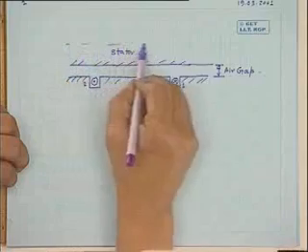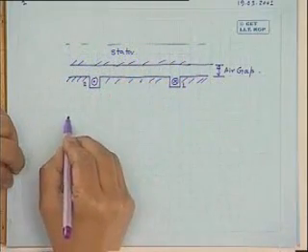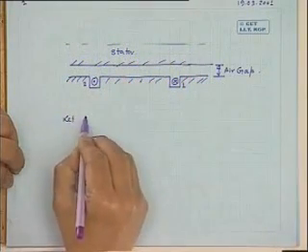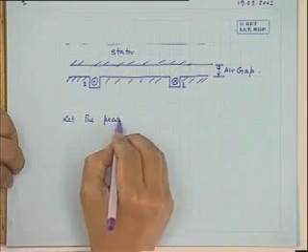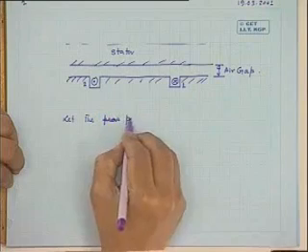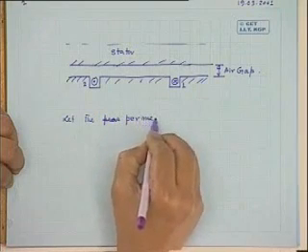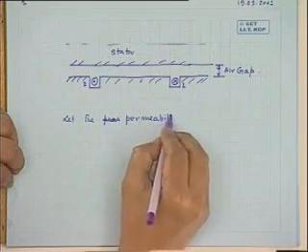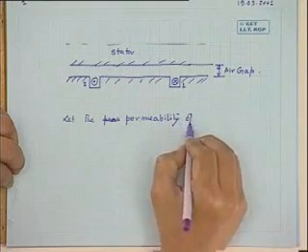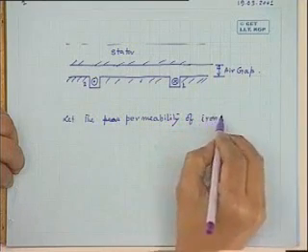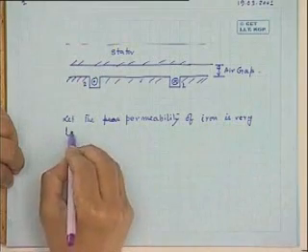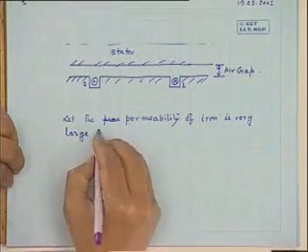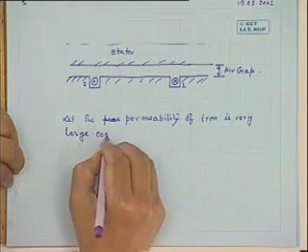The only thing we will assume first is that the permeability of iron is very large compared to air.